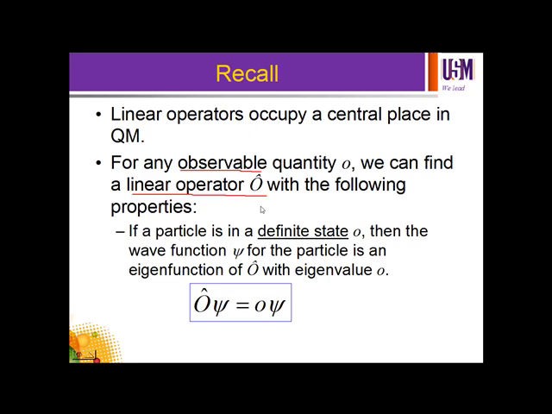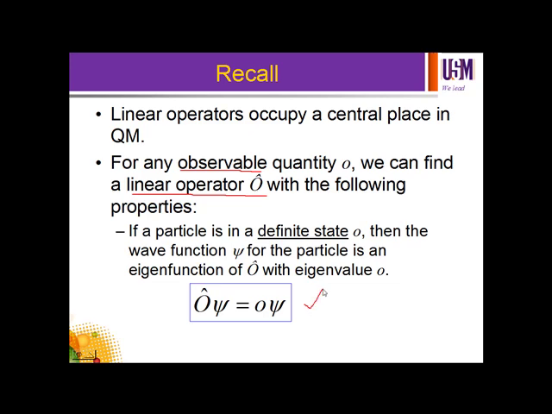If a particle is in a definite state, that means a specific value o, then the wave function psi for the particle is an eigenfunction of operator O with eigenvalue o.